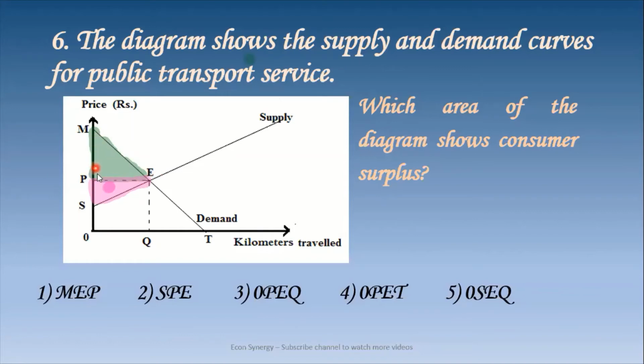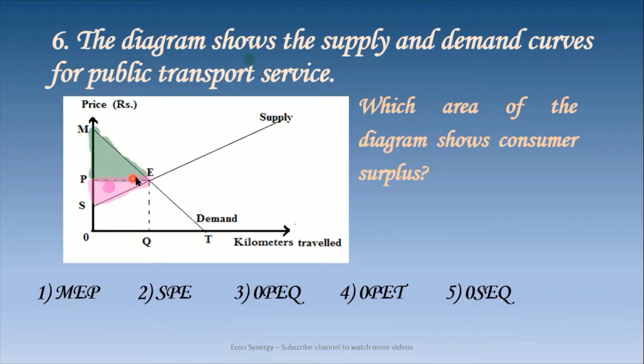This accumulated value is the area of this triangle, the value of consumer surplus. Producer surplus is the difference between the minimum price the producer is willing to receive and the actual price received for this equilibrium quantity. This pink colored part is producer surplus. Total economic surplus is the sum of consumer surplus and producer surplus.